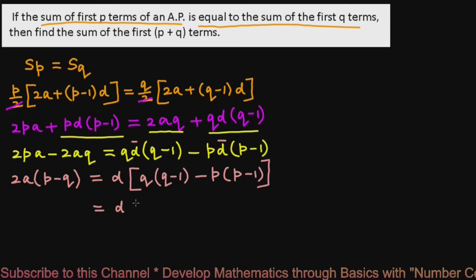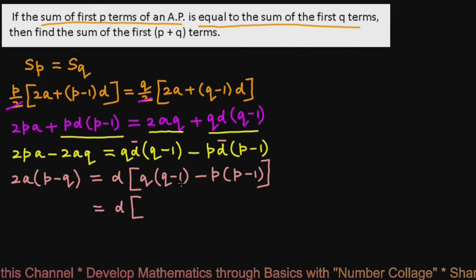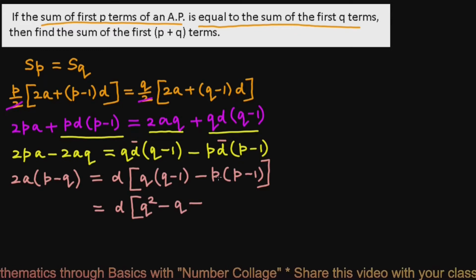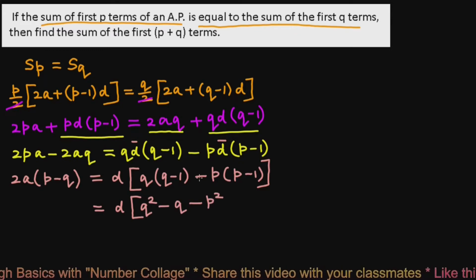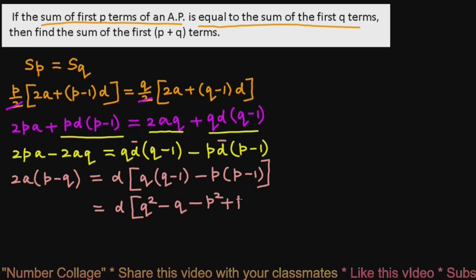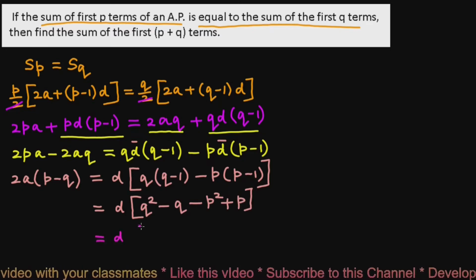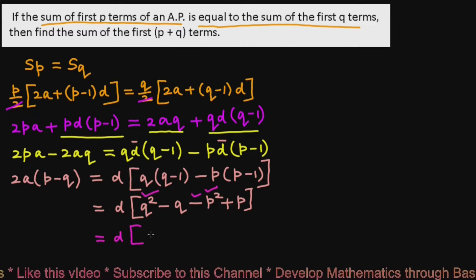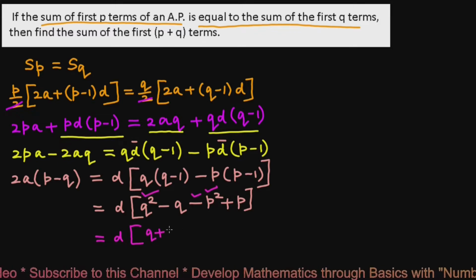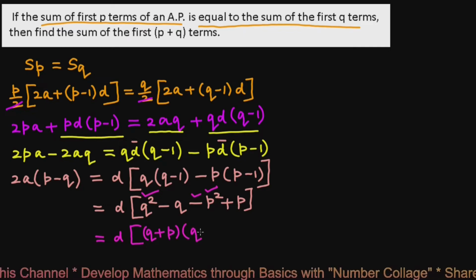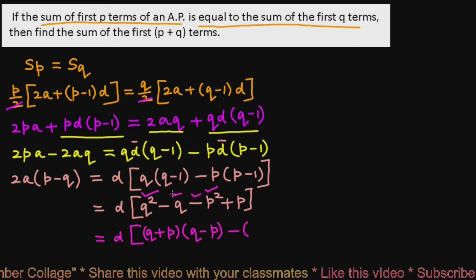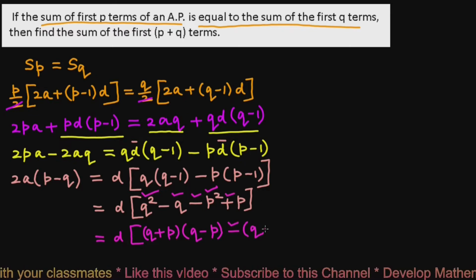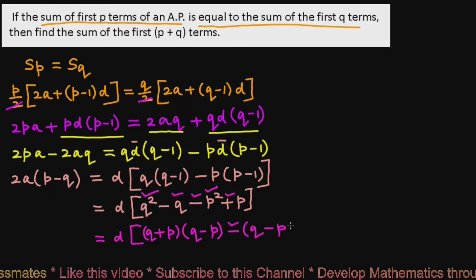That will be d multiplied by, opening the bracket, q square minus q minus p square plus p. That will be d multiplied by q square minus p square, which can be factorized as (q plus p) multiplied by (q minus p), minus q, and because of this minus sign, this plus p will become minus, so minus (q minus p).